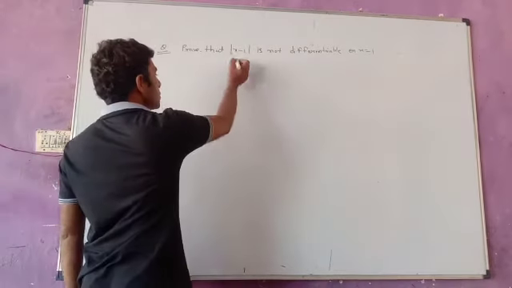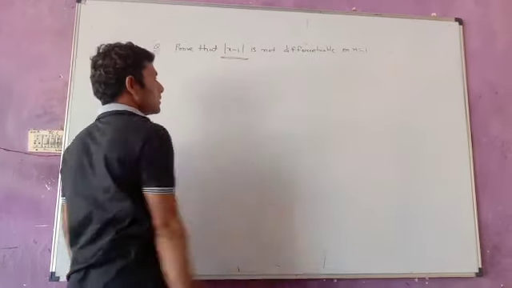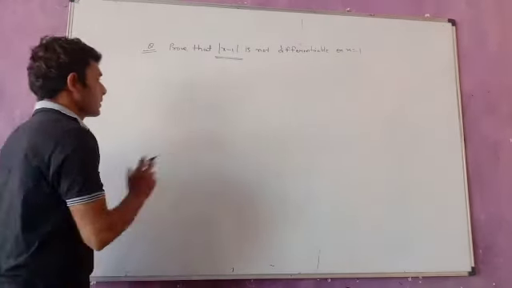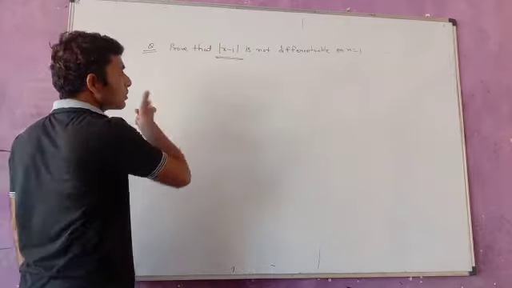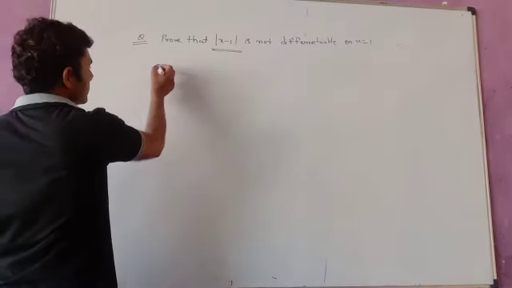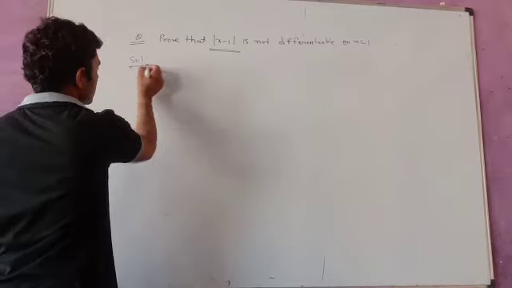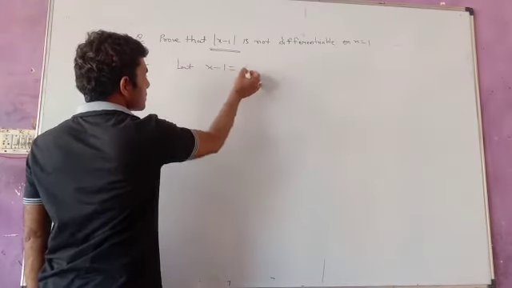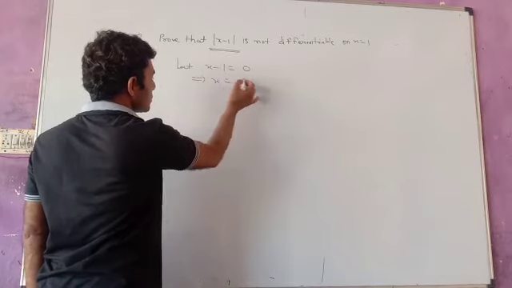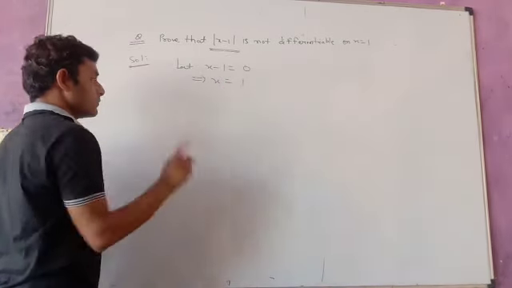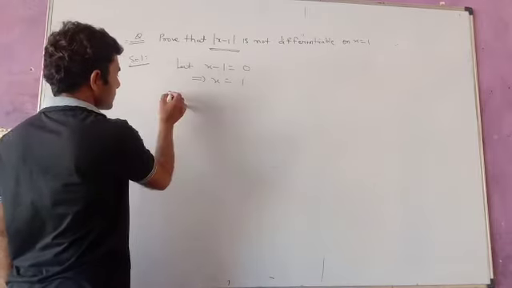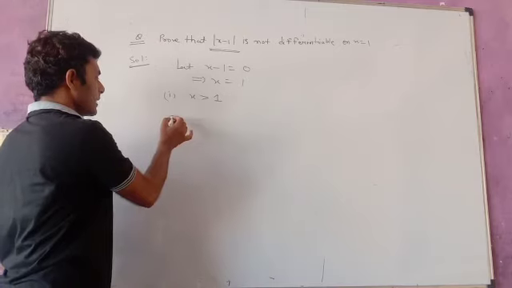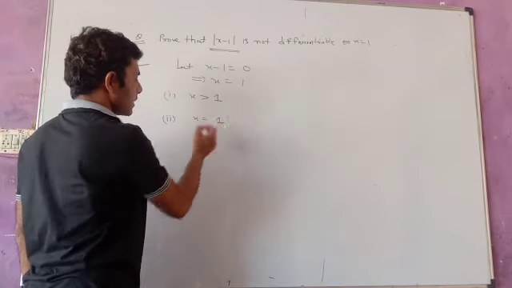In this question we have to prove the modulus of x minus 1 is not differentiable at x equals 1. First we have to remove the modulus. Let x minus 1 be 0, then x equals 1. Now we have three conditions. First, x is greater than 1. Second is x equals 1.